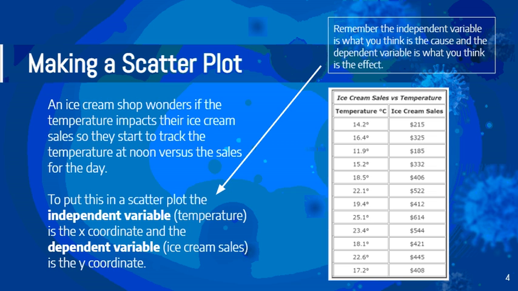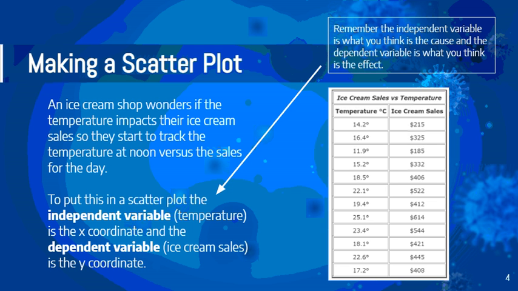How do you make a scatter plot? Well, remember a couple of things. When you make a scatter plot, the independent variable is the x coordinate and the dependent variable is the y coordinate. Remember that an independent variable is what you think might be the cause, and the dependent variable is what you think might be the effect.